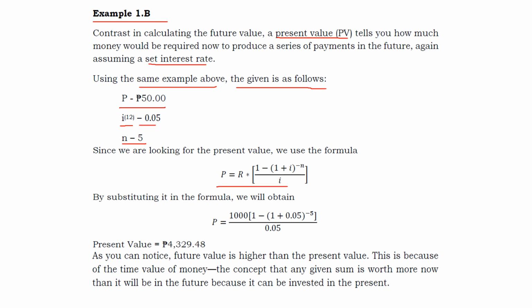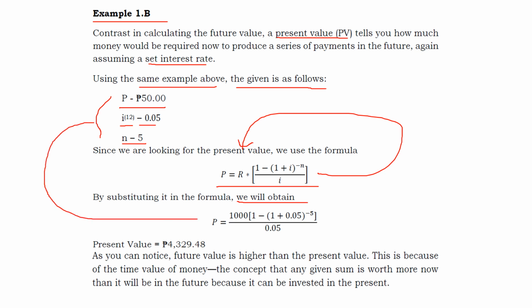Here is the formula designed for us to compute the present value, wherein P, or PV, is equal to R multiplied by 1 minus (1 plus i) raised to negative n, all over i. So by substituting it in the formula, we simply substitute the given facts to the formula for present value.